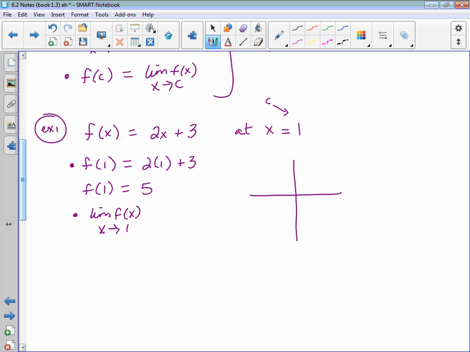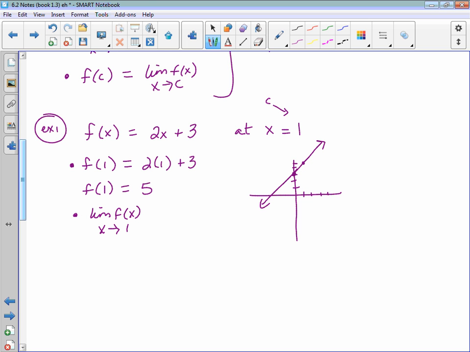A line. Where does it start? Y-intercept of 3. Slope of 2. Let's just do that. 1, 2, 3. We start there. Up 2 over 1. That's our line, right? Okay.